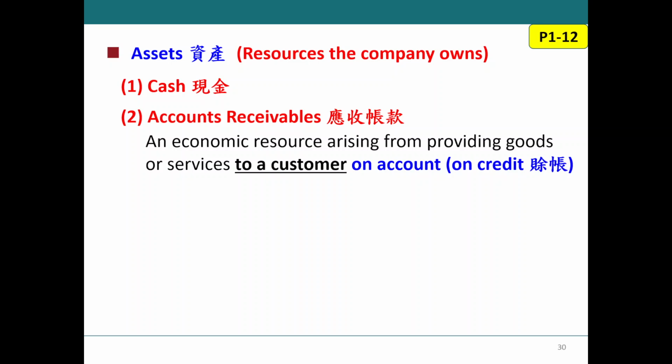When you sell the product, provide the service. So it means what? You do the business with customers. Okay? So sell the products, provide the services.